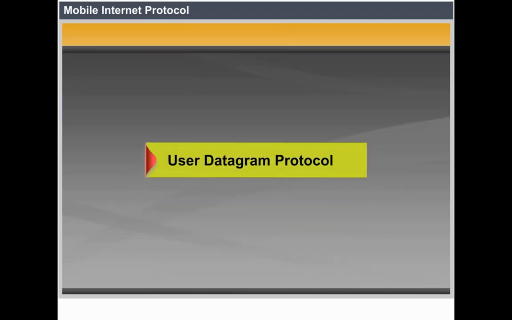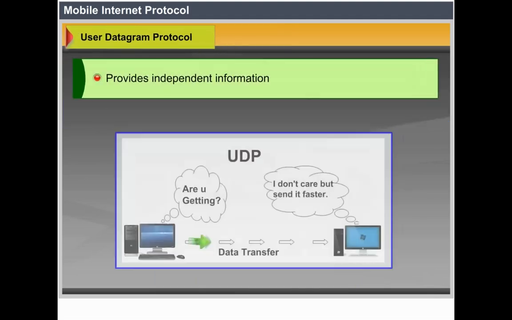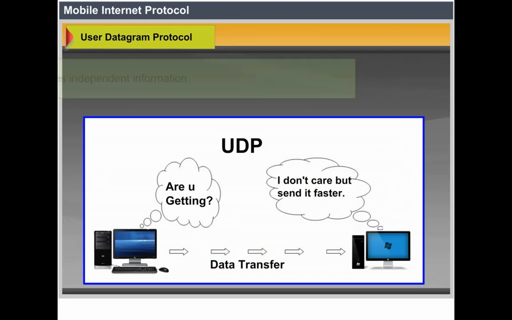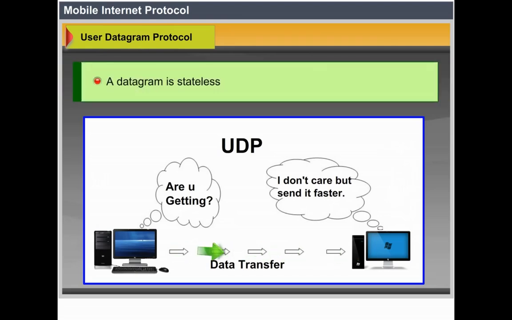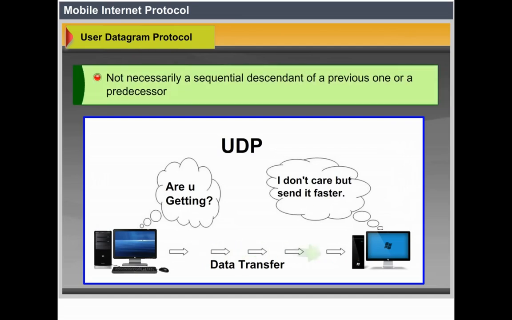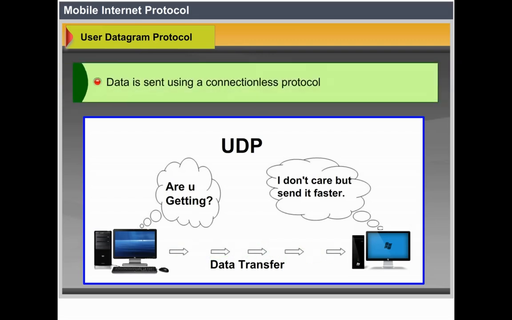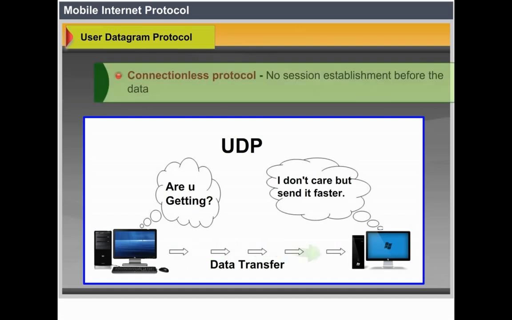User Datagram Protocol provides independent information. A datagram is stateless, not necessarily a sequential successor of a previous one or a predecessor of the next. Data is sent using a connectionless protocol.